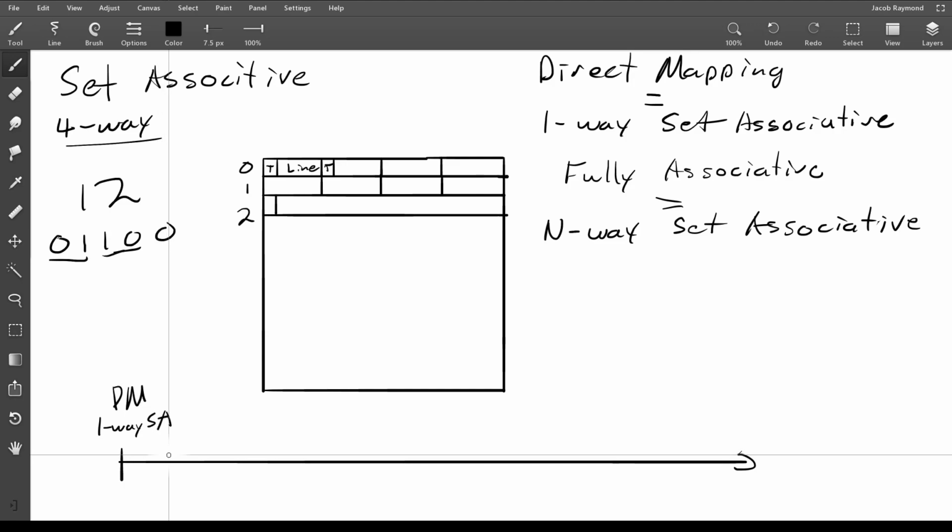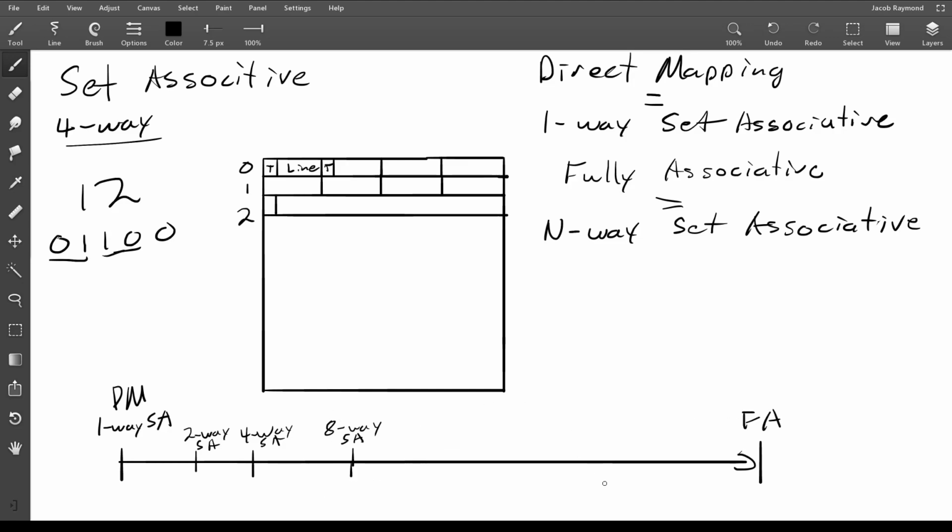Then we can bump up to two-way set associative, and that's going to be a little bit more efficient because we're able to store two things at each index instead of just one. And then we can go to four-way, eight-way, and we keep going, and all the way at the end, the absolute maximum is fully associative.